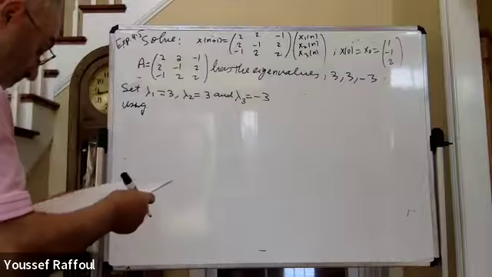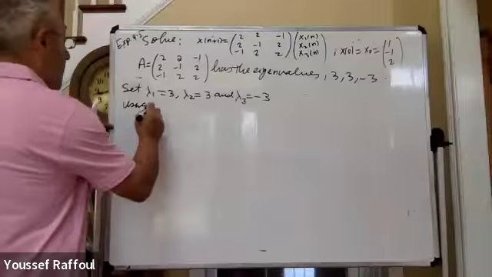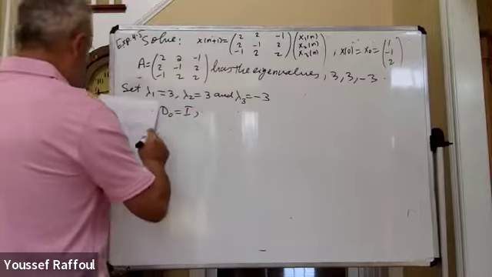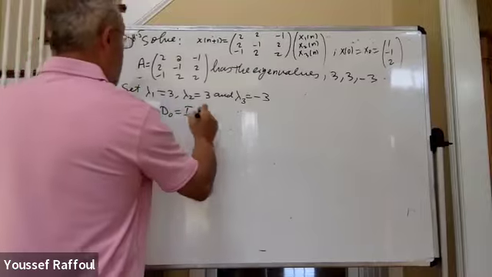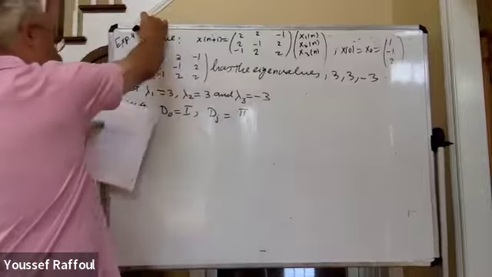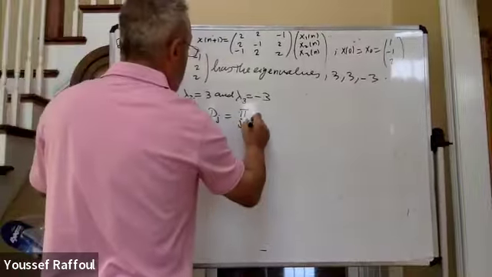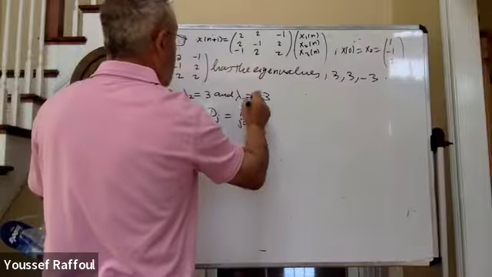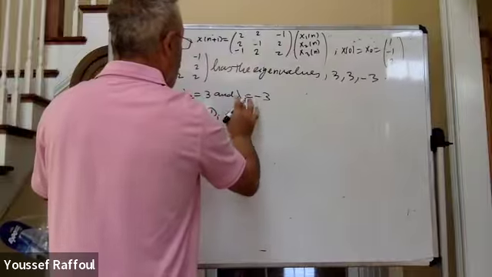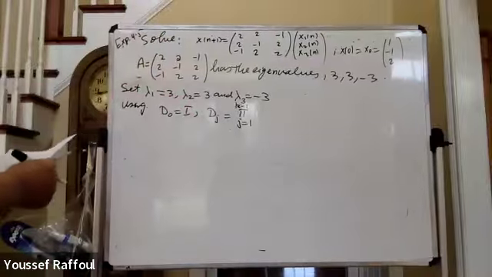So we have D0 equal to I, and Dj is the product for k equal 1 to j. K is 3, so it will be k minus 1. Okay?